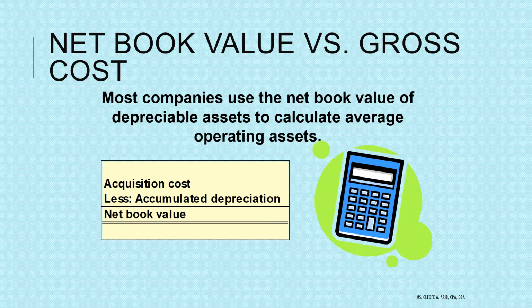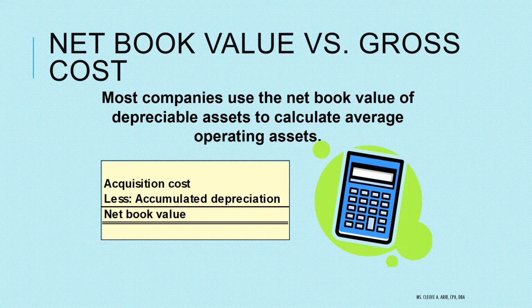Now, talking about ROI, we know already the denominator to be your average operating assets. The next question now is, what value should we be using? Should we use the net book value or the gross amount, especially if the asset is a non-cash asset, particularly property, plant, and equipment? Most companies use the net book value of their depreciable assets, instead of the gross amount.